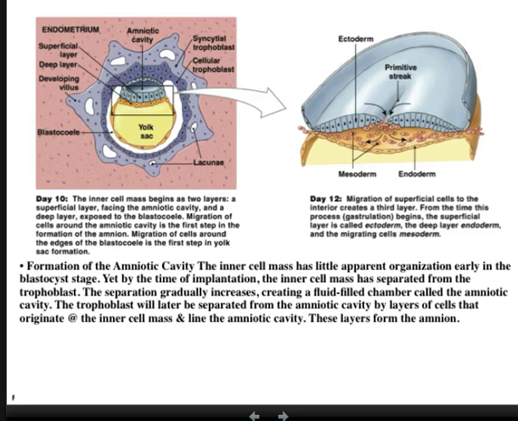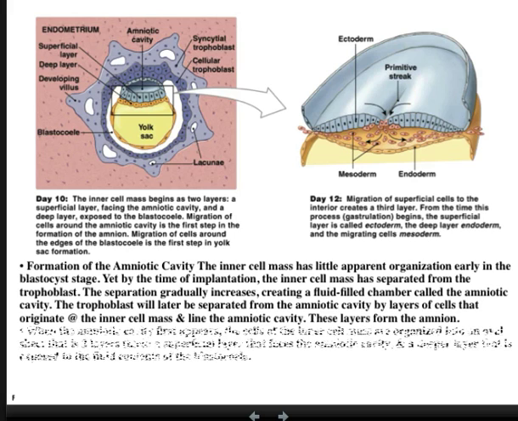The inner cell mass has little apparent organization early in the blastocyst stage, but by the time it implants, it's separated from the trophoblast, and this gradually increases and creates the amniotic chamber. The trophoblast will later be separated from the amniotic cavity by layers of cells that originate at the inner cell mass and line the amniotic cavity, and these layers are going to form the amniotic membrane.